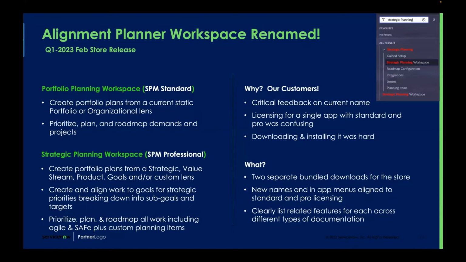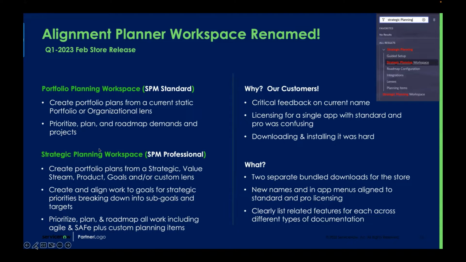Portfolio Planning is best for customers using the traditional planning methodologies and who will be using the out-of-box functionality. For customers with SPM Professional License, the application name is now called Strategic Planning.